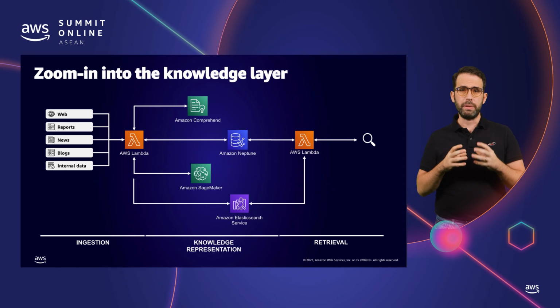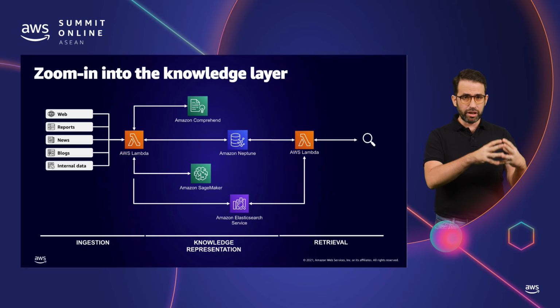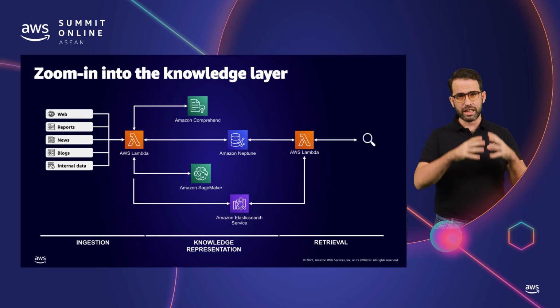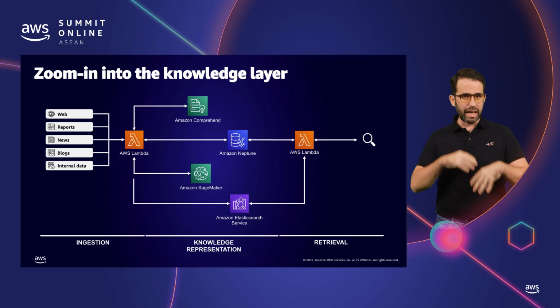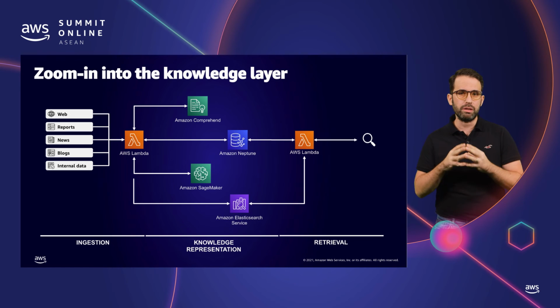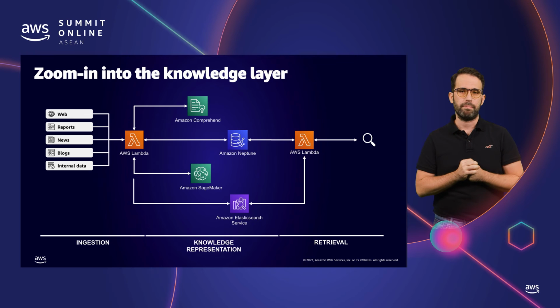Both Comprehend and SageMaker complement each other in our system, classifying the documents by type first, then extracting key facts from each document, doing some topic modeling, and so on, and then looking at the paragraph or sentence level for named entity recognition or part-of-speech tagging.